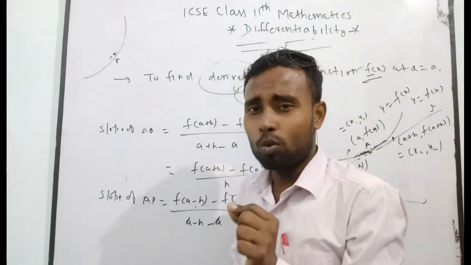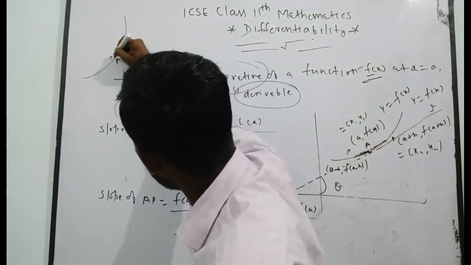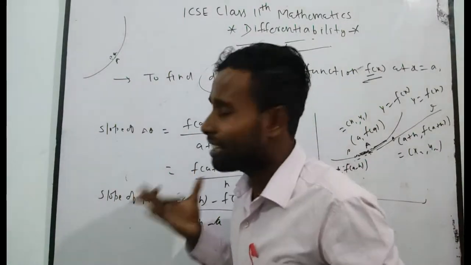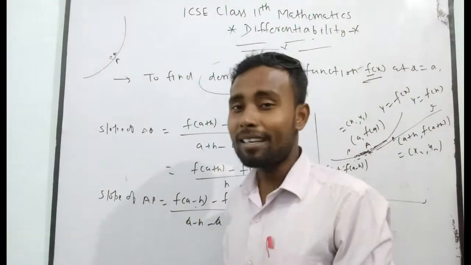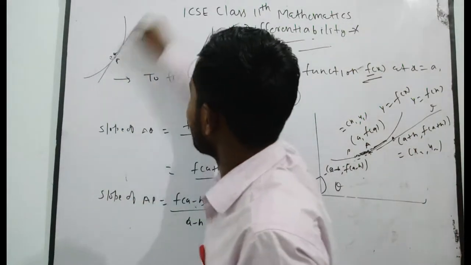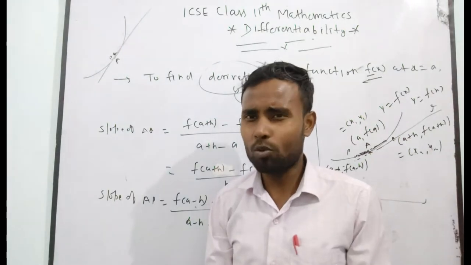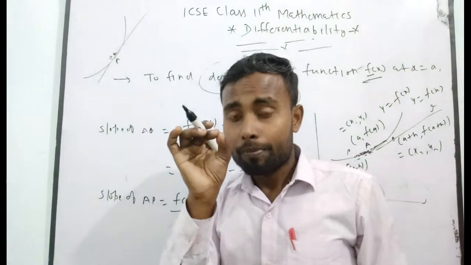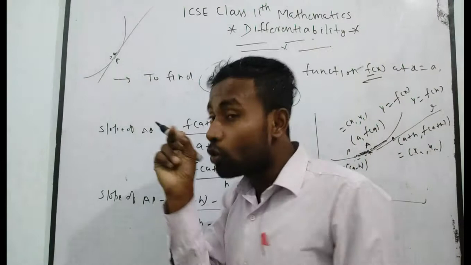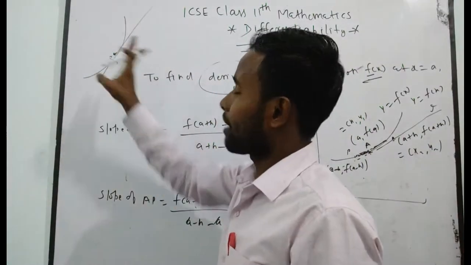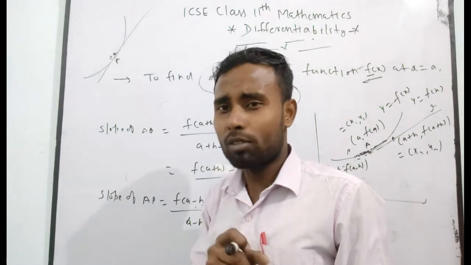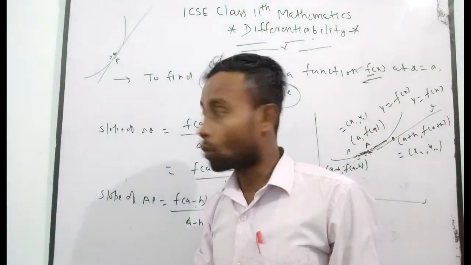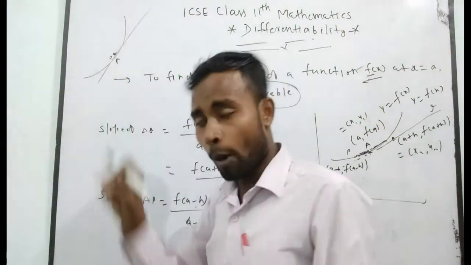So if you draw the chords AQ and AP separately, each becomes a straight line, and you can treat this straight line as a tangent because P and Q are very close to A. If you wish, draw the tangent passing through A. Since P and Q are very close to A, it definitely also passes through P and Q. In that case, the slope of AQ is equal to the slope of AP.